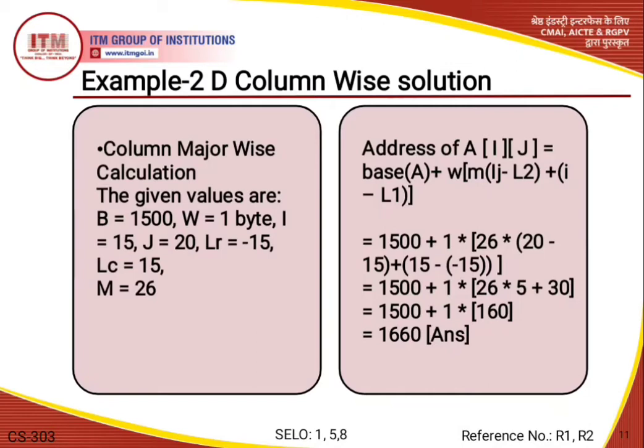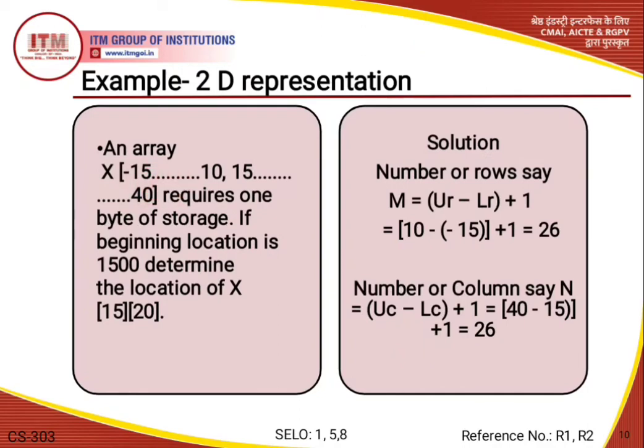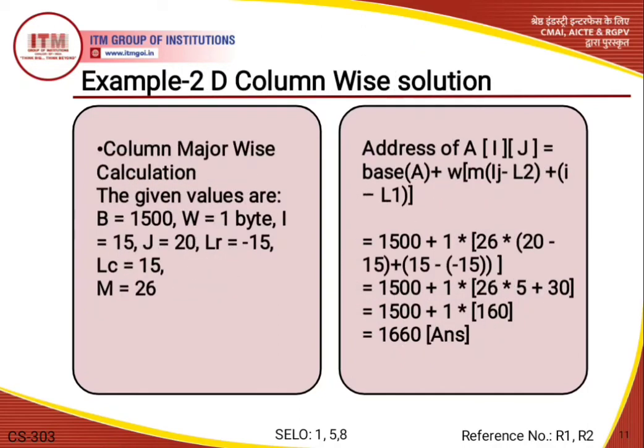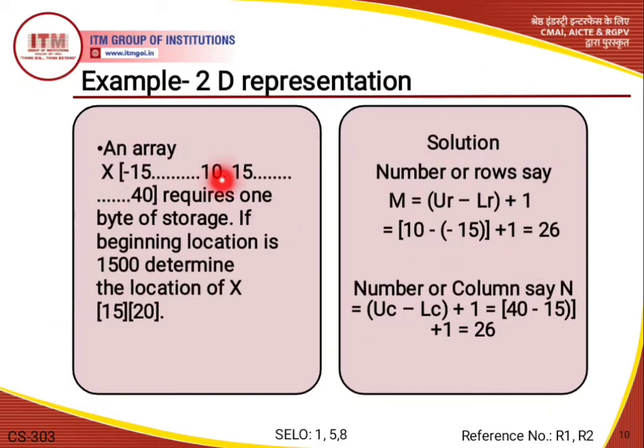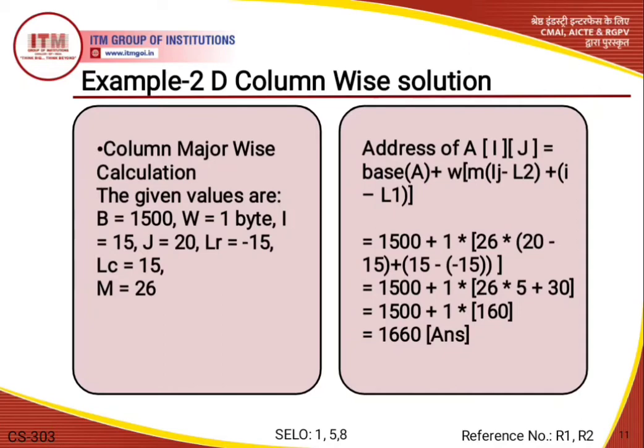Then the lower bound of row is minus 15, and the lower bound of column is positive 15. The number of rows is 26 and the number of columns is 26.